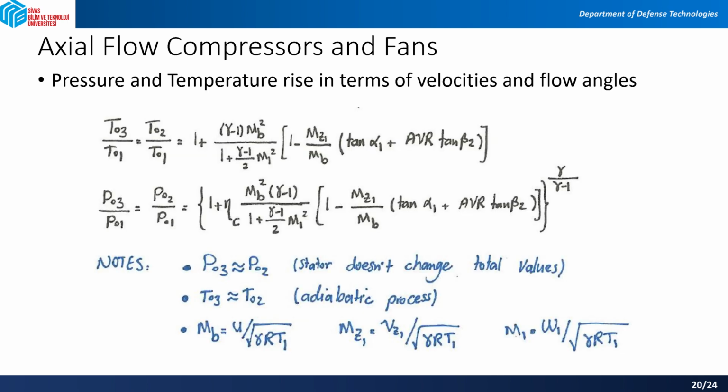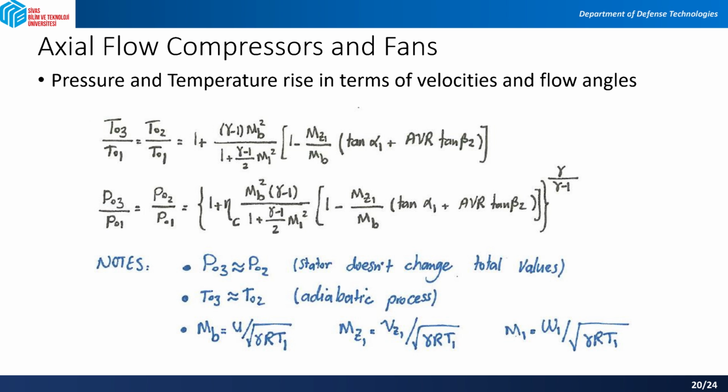So if you try to write this rise between temperatures and pressures, you will end up with such equations, and in these equations you have only the Mach number and the flow angles, right? Alpha, beta, and Mach numbers.